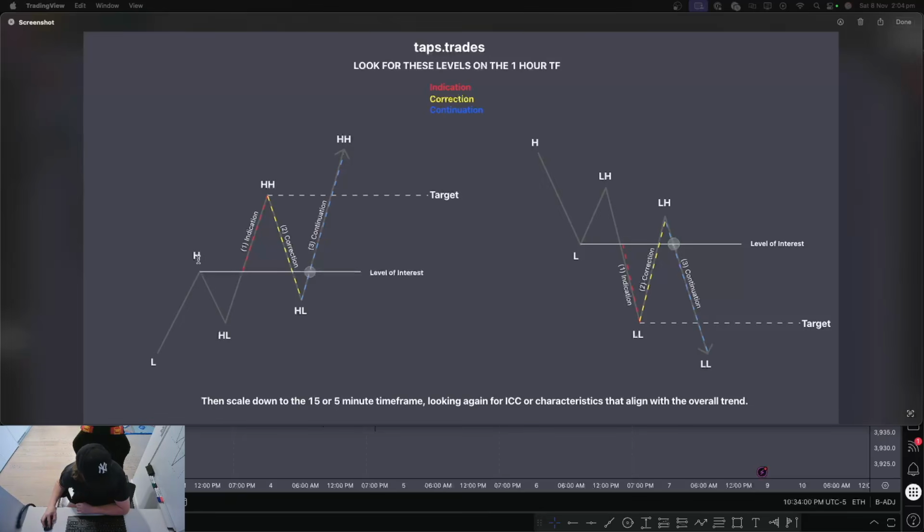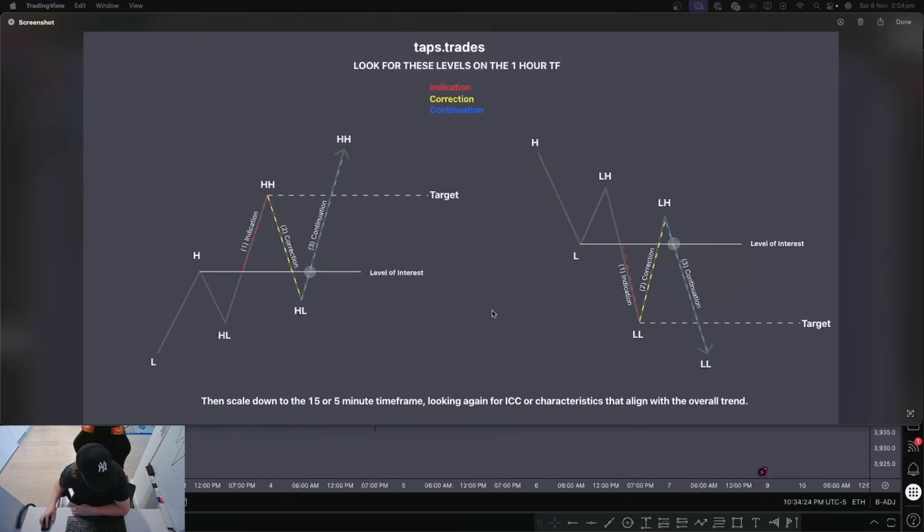If we're in an uptrend, price would make a higher low, not breaking previous lows, to then create a higher high, again creating another higher low, not breaking previous lows, to then create another high, right? So we're consistently moving upwards. We call that an uptrend, or the market is bullish.